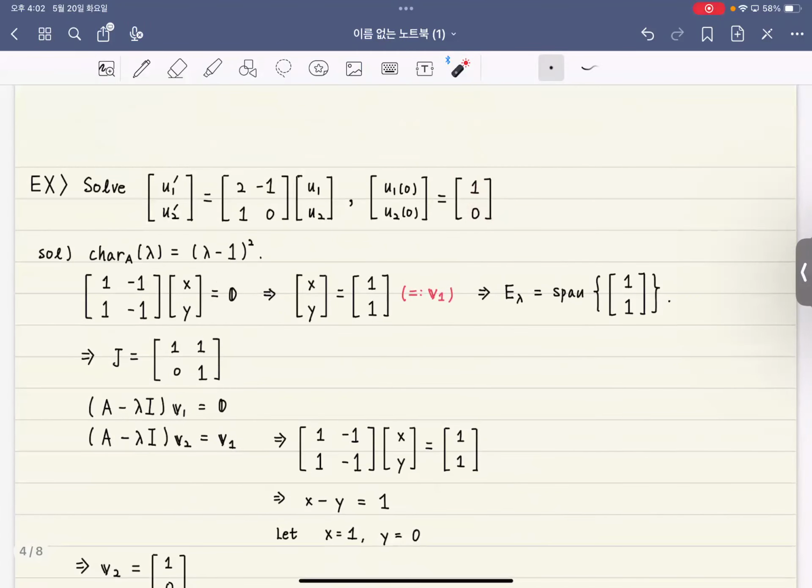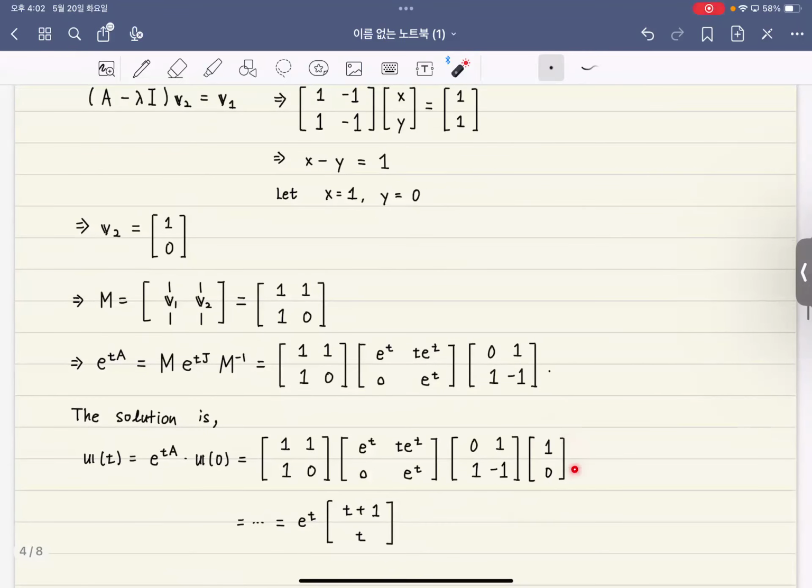So I simply multiply it on the right of the matrix exponential. All you have to do is some tedious computation, and it turns out to be e^t times (t plus 1) and t. So this is going to be your solution. Good.